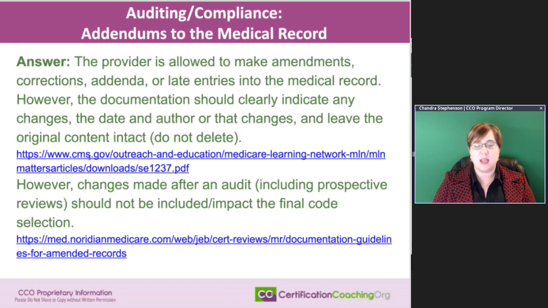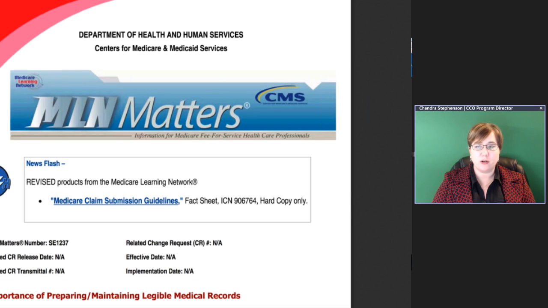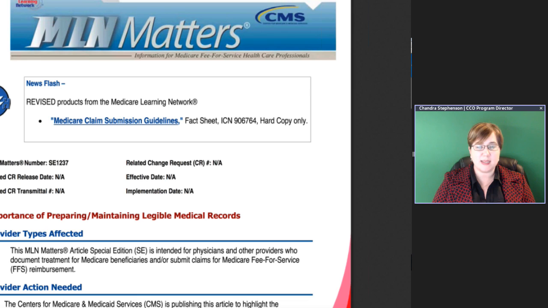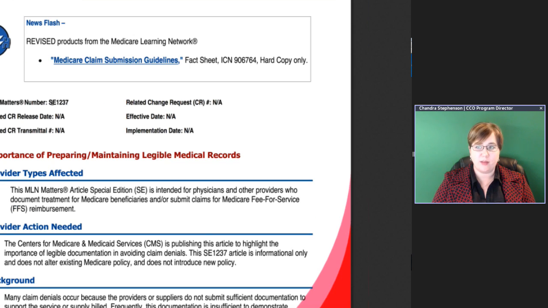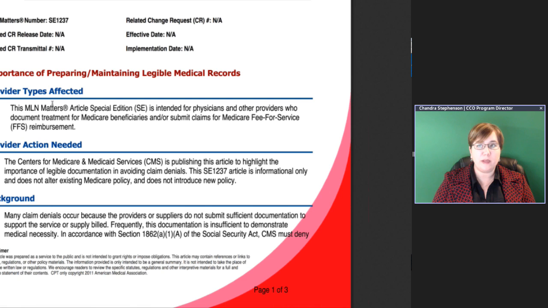Medicare gives us a nice coverage article to talk about making these corrections. It's an MLN Matters. Specifically, the MLN Matters number is SE1237. And it's talking about the importance of preparing and maintaining a legal and legible medical record.